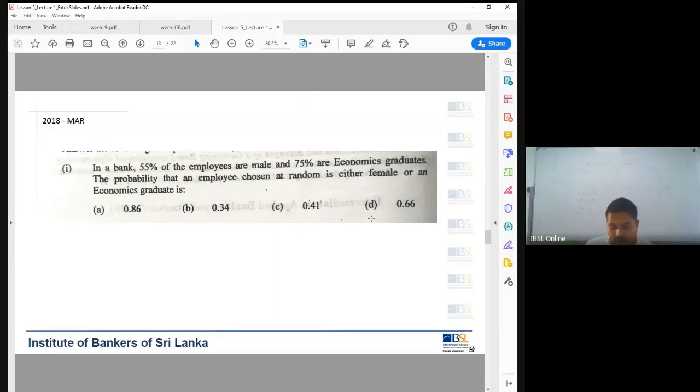That means the answer is 0.4125 plus 0.45, which gives me an answer of 0.8625. Do we have an answer? Yes, we do. Answer A should be the correct answer for that question.